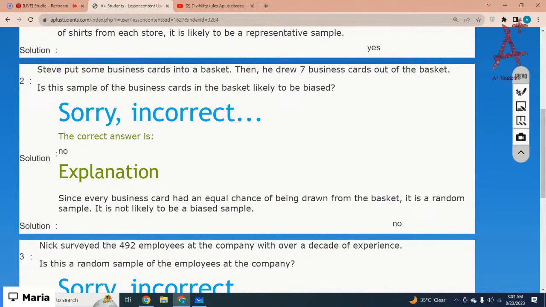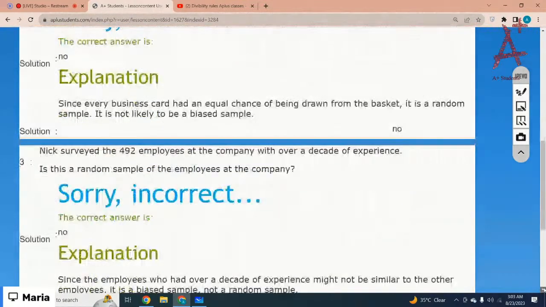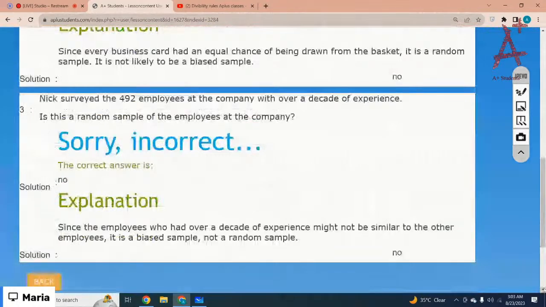No, this is not a random sample, because the employees who had over a decade of experience may not be similar to the other employees. So this is biased data, because all the employees are not the same. The ones who had a decade of experience are different from the other employees, so it is a biased sample, not a random one.